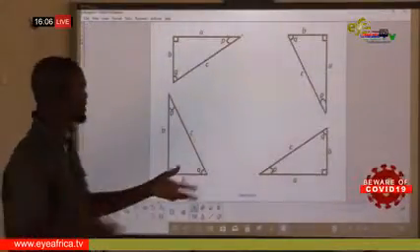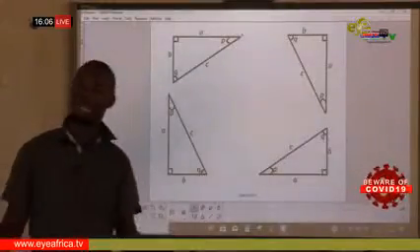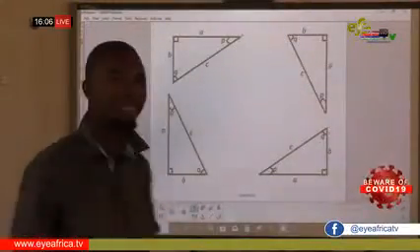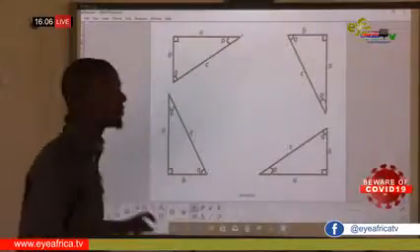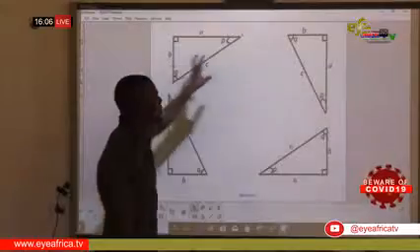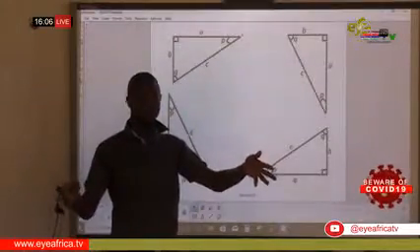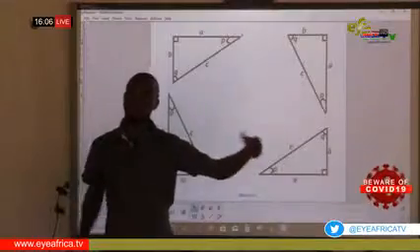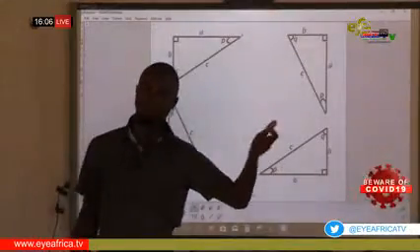If you look at it properly, they have their sides a, b, c, and angles inside. The right angle is where you have the box. This indicates it is a right angle triangle, and they also have the same angles. The other angles in each of the triangles are P and Q.